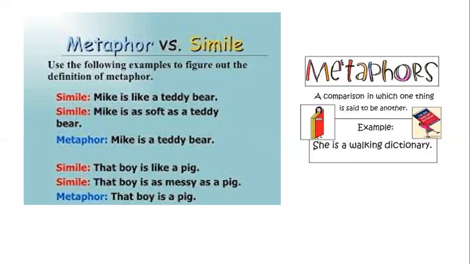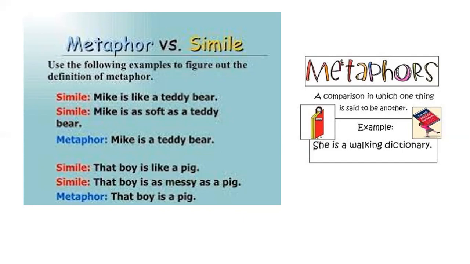But in a metaphor, you will compare without using as or like. Okay? So when you say Mike is like a teddy bear, it's a simile. Mike is as soft as a teddy bear, again a simile. If you use like or you use as, it is a simile. But when I say Mike is a teddy bear, now it's a metaphor.